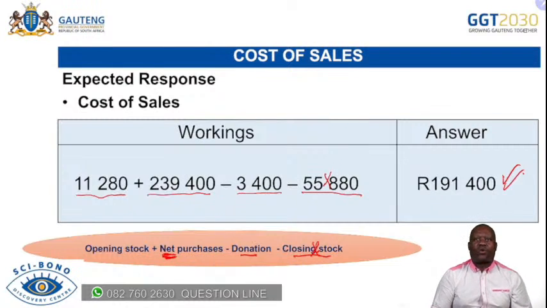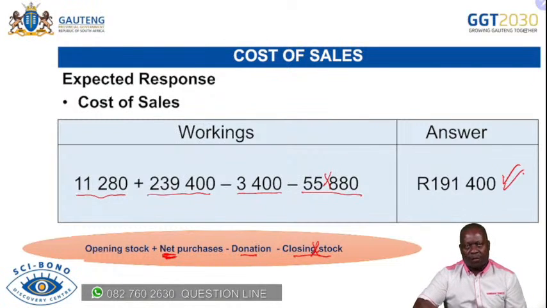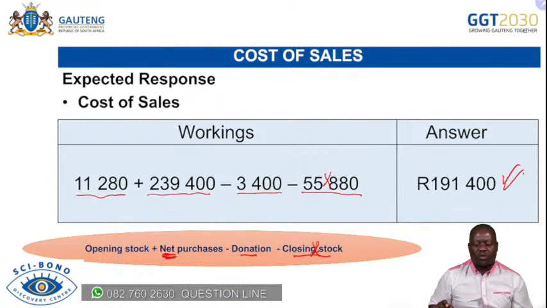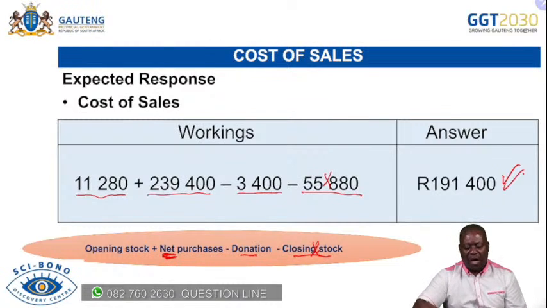What is key on cost of sales is for you to be in a position to remember the formula. Opening stock, add net purchases. Net purchases excludes returns. In other words, always subtract returns from the purchases. And then minus donations, and we subtract our closing stock.